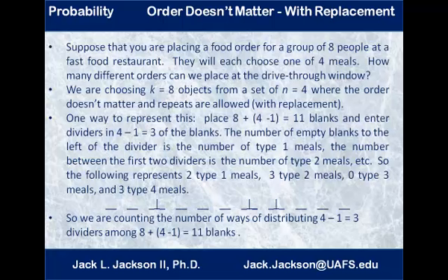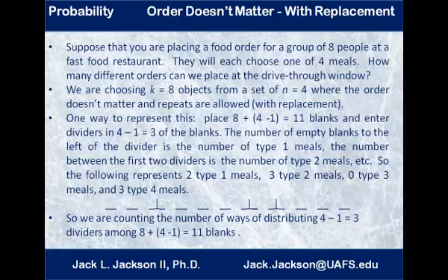And when we do this, this is going to allow us one way of representing how many meals of each type. So for example, you see something down here where I've got blank, blank, divider, blank, blank, blank, divider, divider, blank, blank, blank. So 3 of the 11 blanks have been filled, and then you've actually got 8 actual blanks with nothing in them.